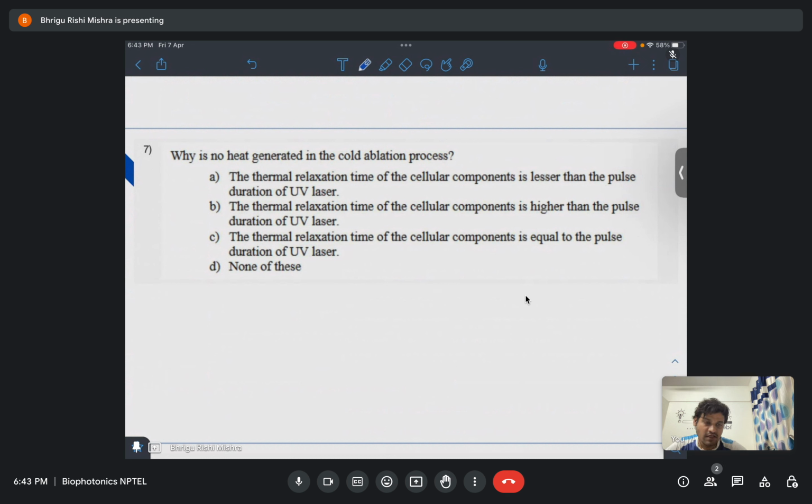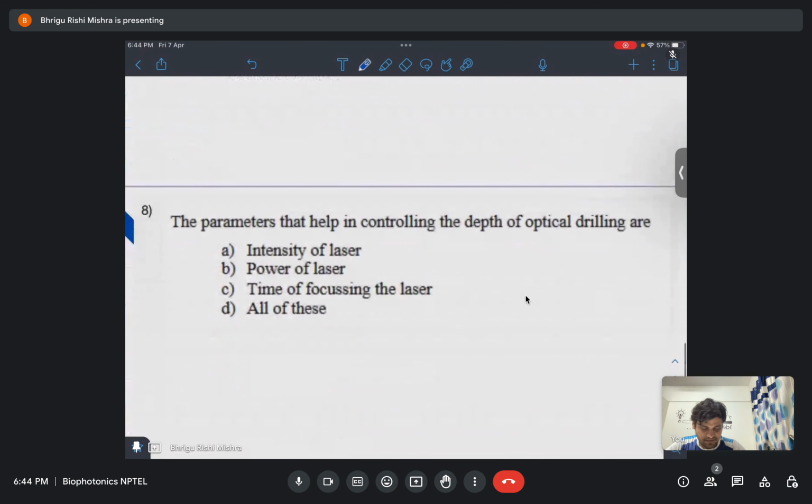So basically, it's how quickly it cools. Okay, so that is why the correct answer is option B. The thermal relaxation time of the cellular components is higher than the pulse duration of UV laser. That is why there is no heat generated in the cold ablation process. Okay, so or very little heat is generated.